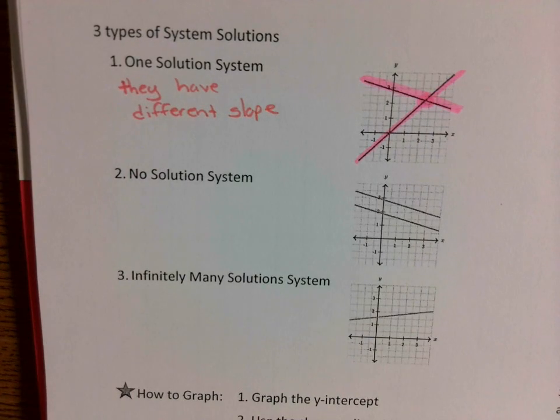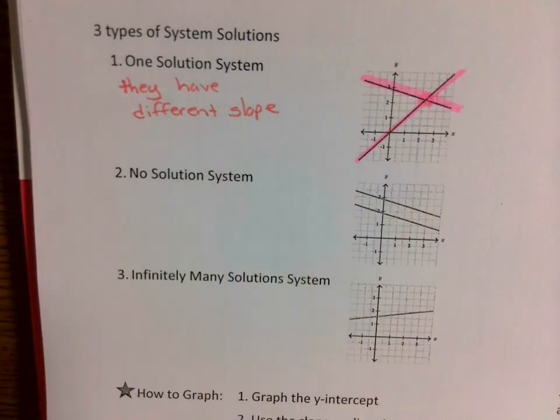But the only thing that's important to understand is that the slopes are going to be different. So if you're given two equations and they are only asking you what type of solution it is going to be, is it going to be a one solution, a no solution, or infinitely many? If you look at the slope of both equations and they are different, then it automatically is a one solution system. They just have to have different slopes.